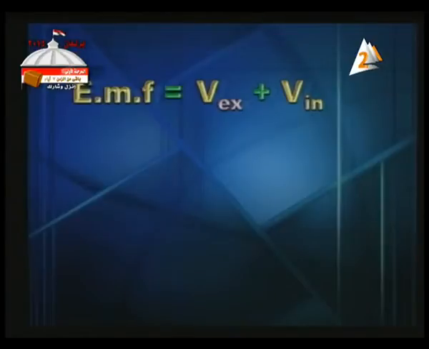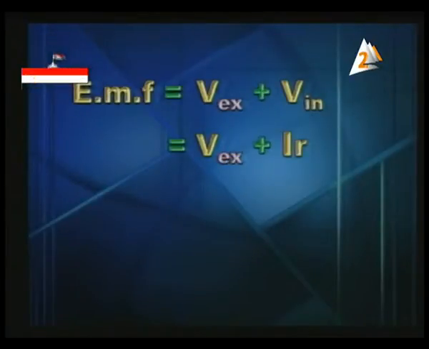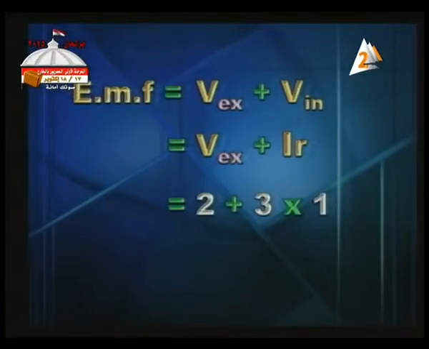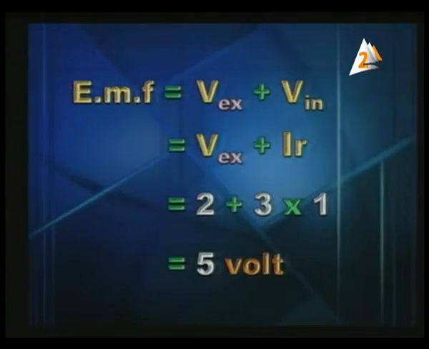EMF equals V external plus V internal. V internal is the product of the current times the internal resistance. External voltage is equal to 2, and current 3 times 1. So it is 5 volts.